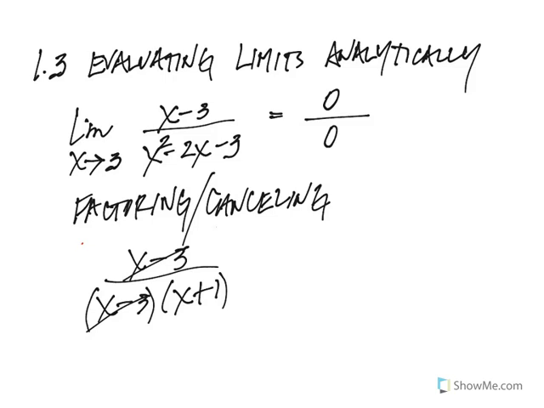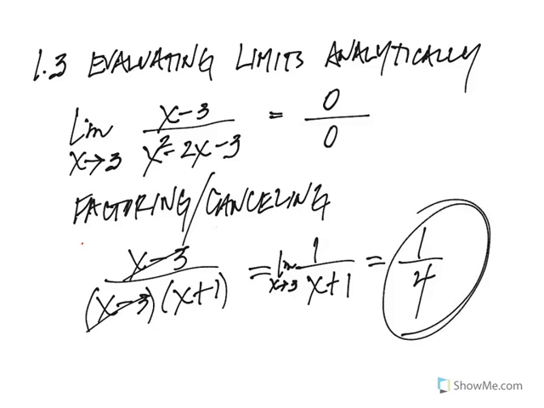I can now cancel that, and now I'm going to take the limit as x approaches 3 of 1 over x plus 1, and I'm going to try it again. Now if I plug in 3, what I get is 1 over 4. That is not 0 over 0 any longer, and that actually is the limit.